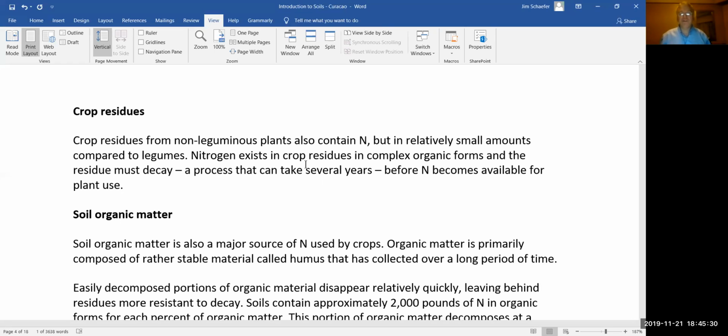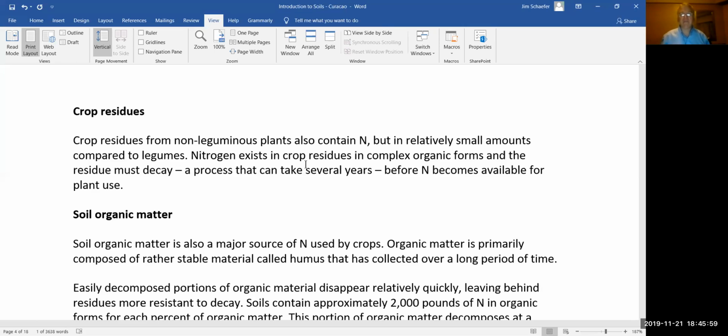In order to accelerate the breakdown of crop residues, it's important to maintain a very high population of microbiology in your soils, including bacteria and fungi, beneficial bacteria, beneficial fungi, which consume organic molecules as a source of food.